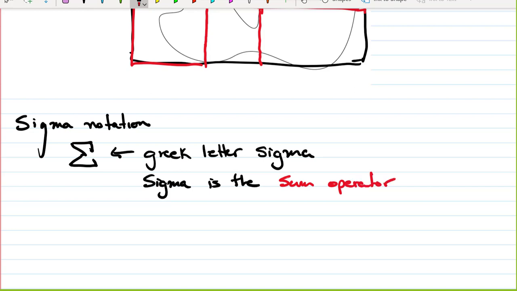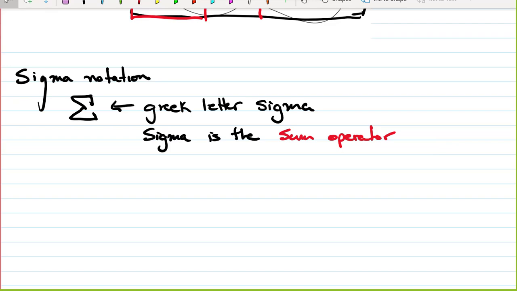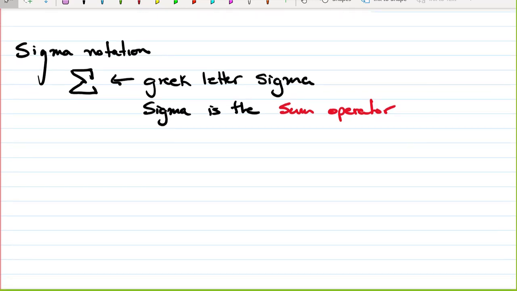The sum operator means we input a function, or as we called it in college algebra, a sequence, and it adds up all of the members between two different members.